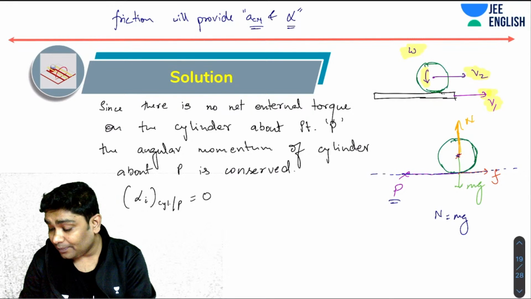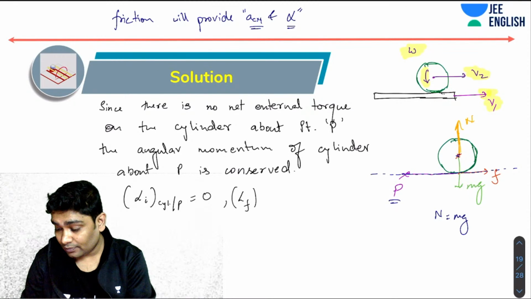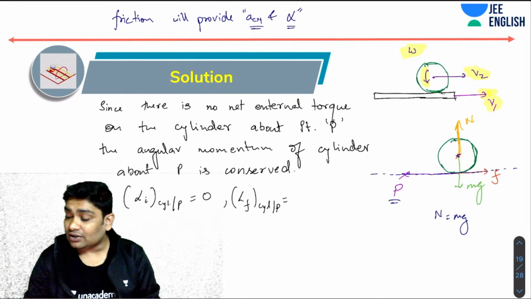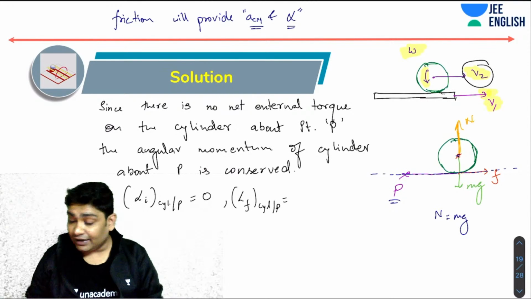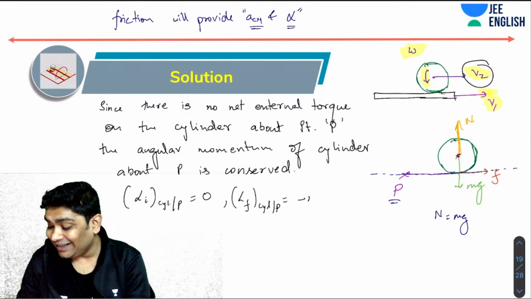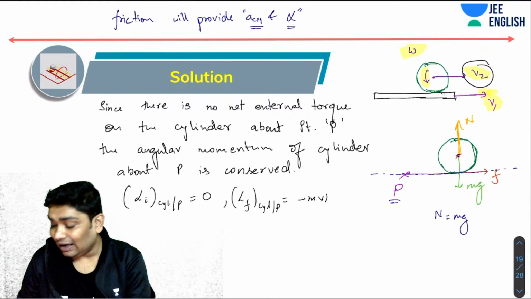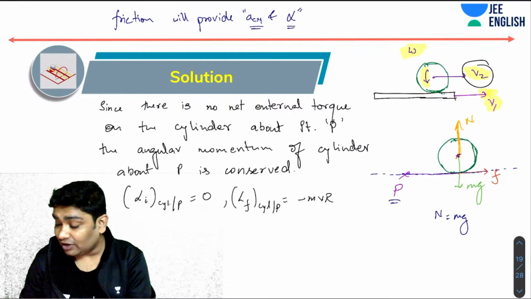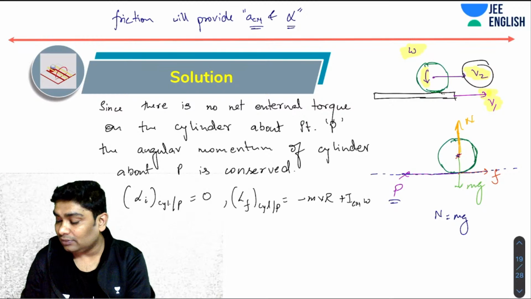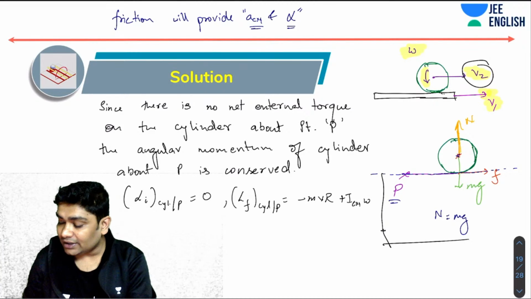What will the final be? Due to this translation, it would have a negative angular momentum, minus mvr, and due to this rotation, it would have a positive one, I_CM times omega. Understood? And this should come to zero.